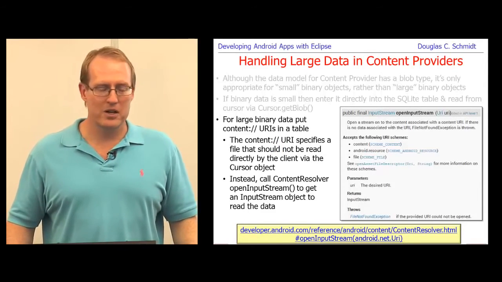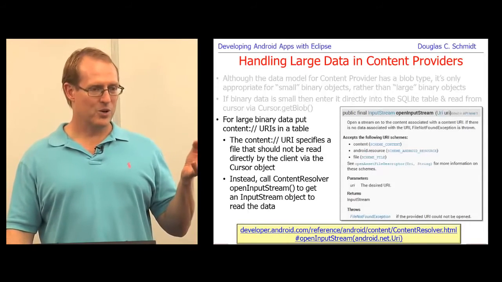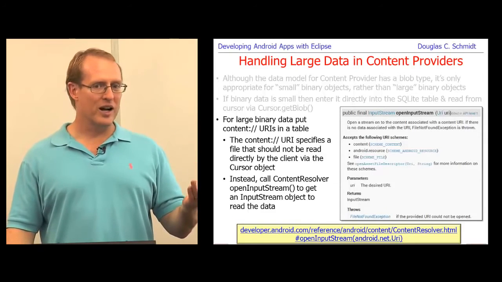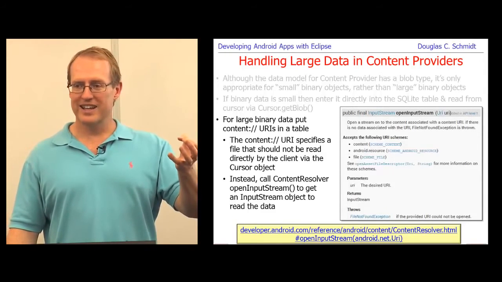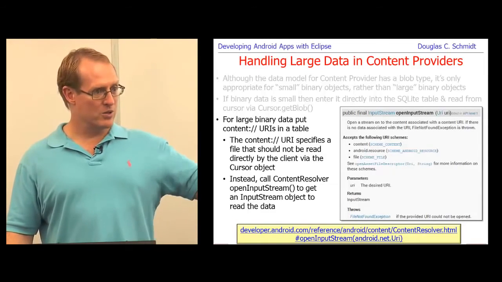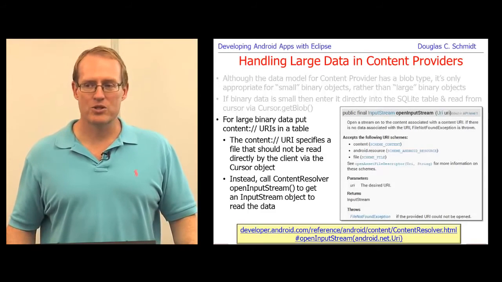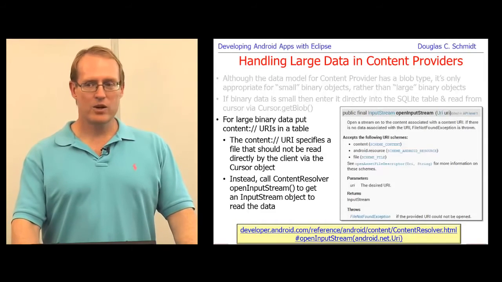So for example, you want to have the database, the cursor guy, give you back a content URI, which you can then use to open the file using the content resolver openInputStream, and then you can use that to display the actual result somewhere on the phone display. Any questions about that?